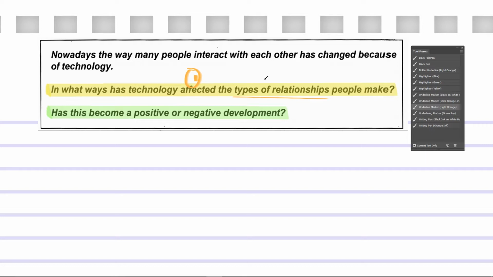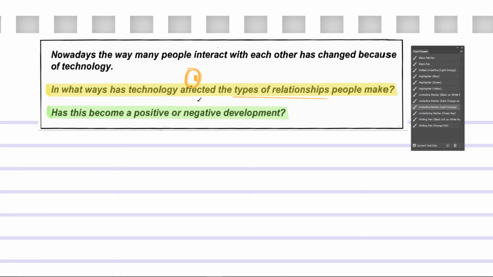Like it can be everyday relationships, social relationships, education relationships, so relationships when forged or maintained at a place where we go to learn something. Or it can be business relationships, so relationships for business purpose. So that's the types of relationships that they are talking about.